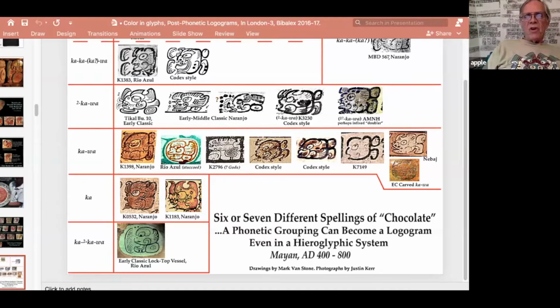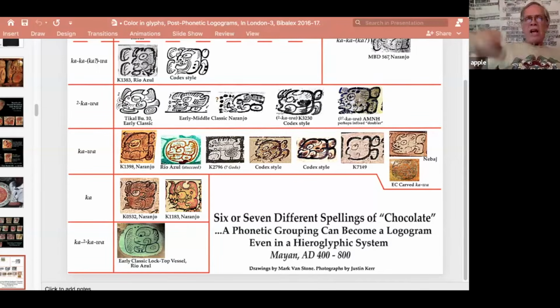Codex style is usually thought of as monochrome, but in fact, it's a deep brown for the outline and then different shades of brown for the fill, and that's a way that the workshop of the codex style probably made a distinction between the unfilled glyphs in codex style vases.